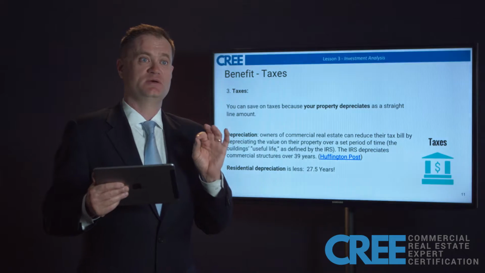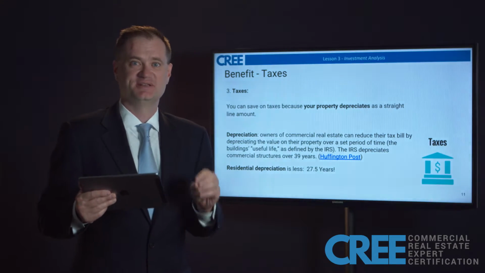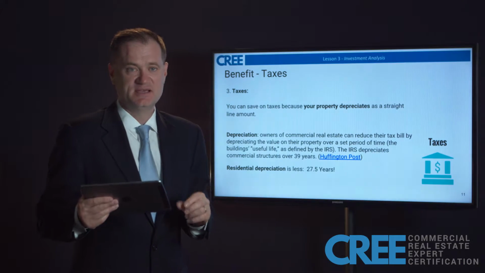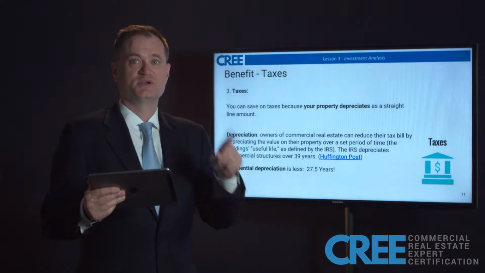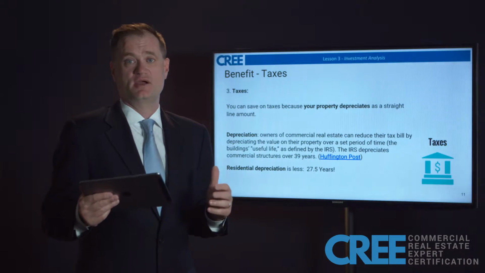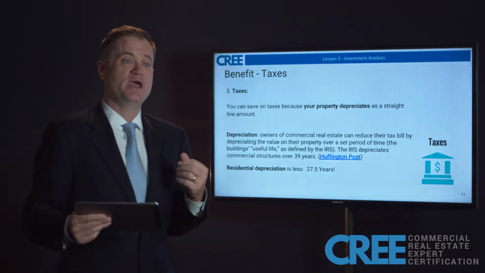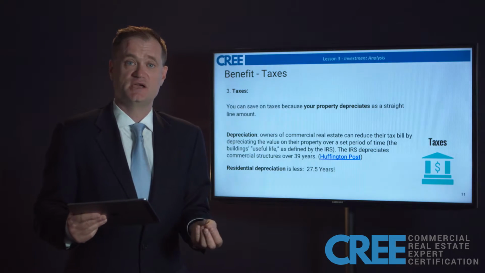Again, 4 main benefits of owning commercial real estate: investment property, cash flow, principal reduction, and taxes. Taxes can be very, very beneficial to owning investment real estate. And the main way this is done is through depreciation.